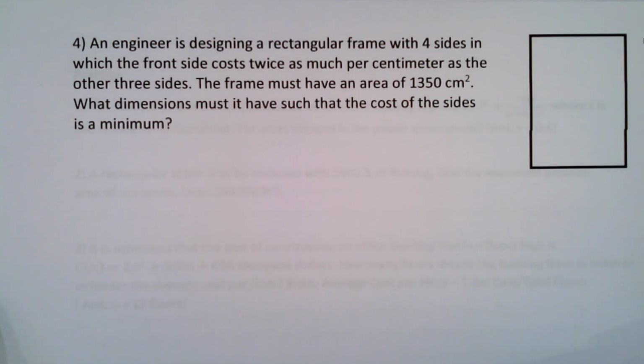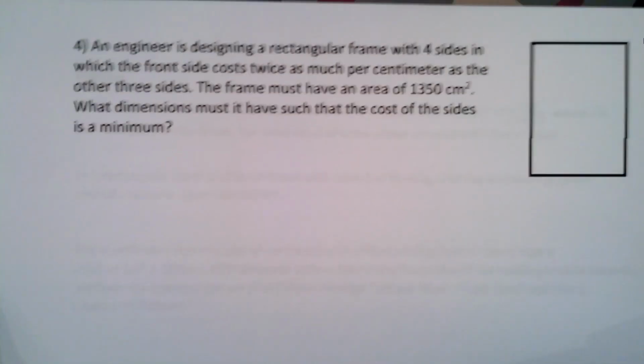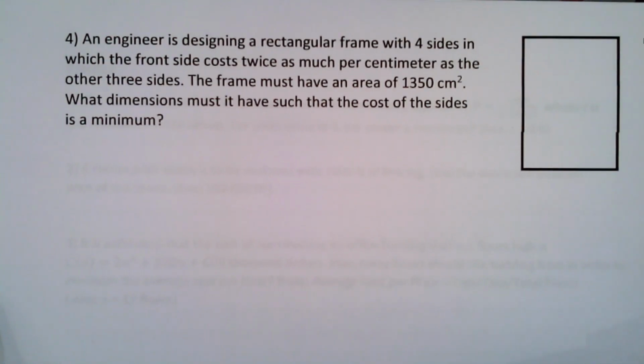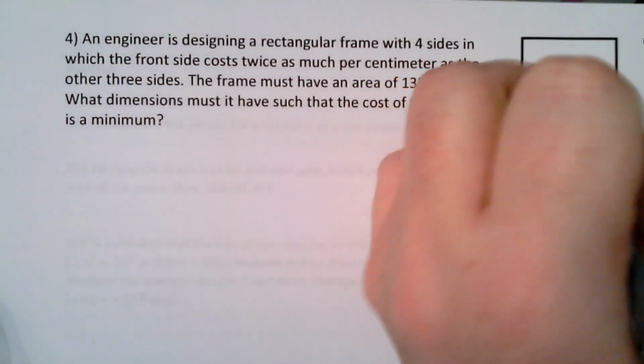Okay. So I am going to help you get a little started with this one because this would be hard to just jump in with. For whatever reason, the front side is costing twice as much per centimeter as the other 3 sides. Now you might notice it doesn't say what that cost is, it just says it's twice as much. That's okay. Even without a numerical value for cost, we can still do this. So what do we know?